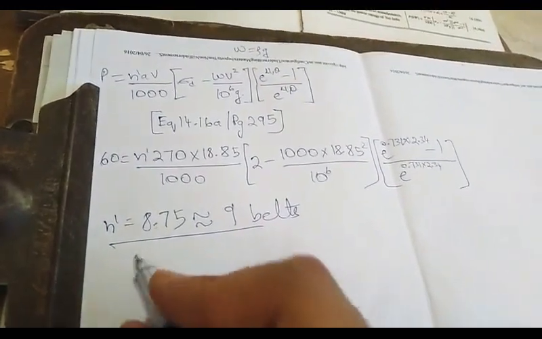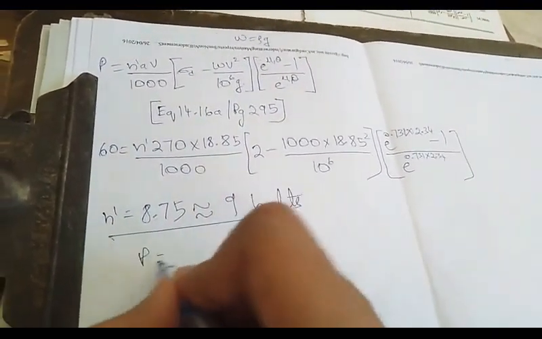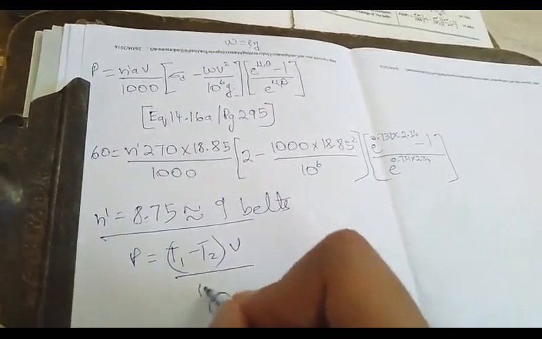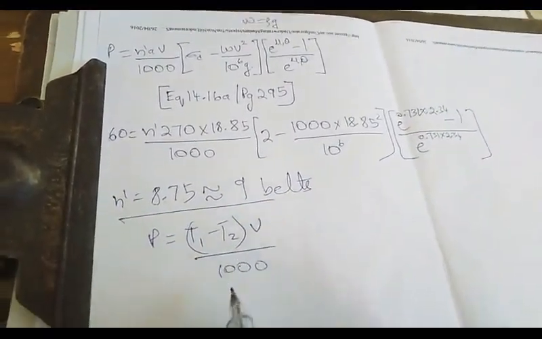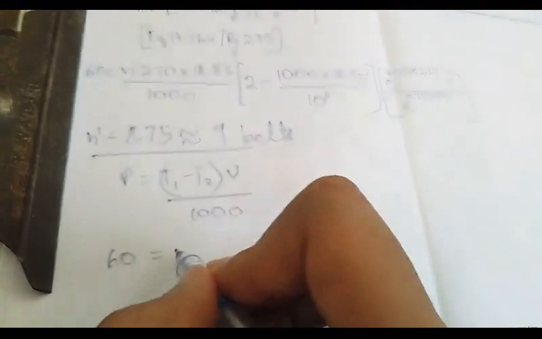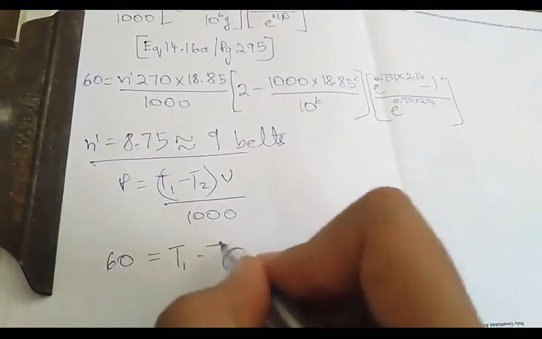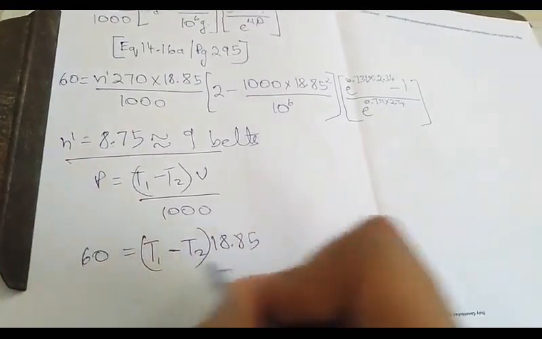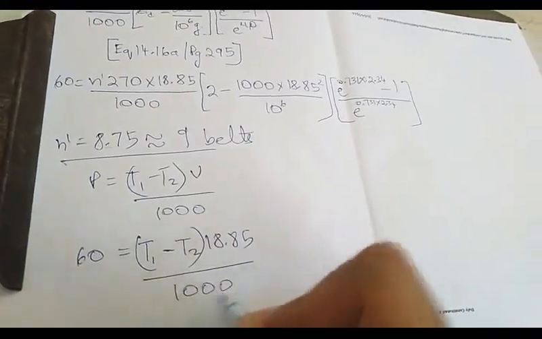So next we shall find the value of tensions. We shall consider the power, T1 minus T2 into V by 1000. This is the basic formula for power. We shall find the tensions: T1 minus T2 into V, which is 18.85, by 1000.